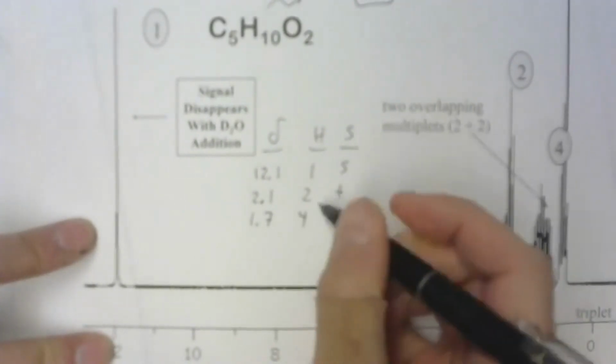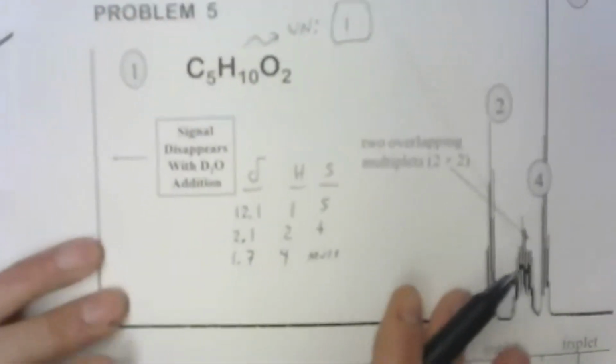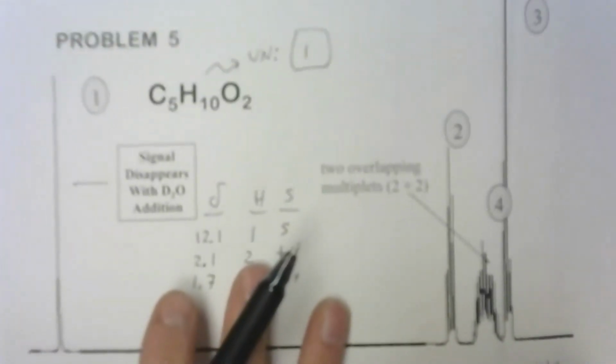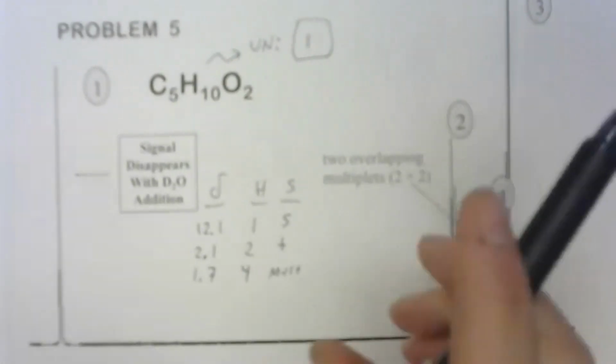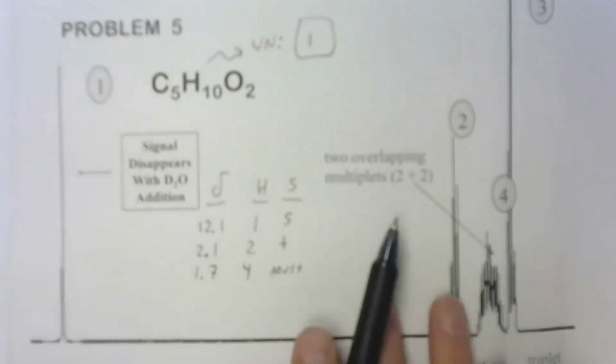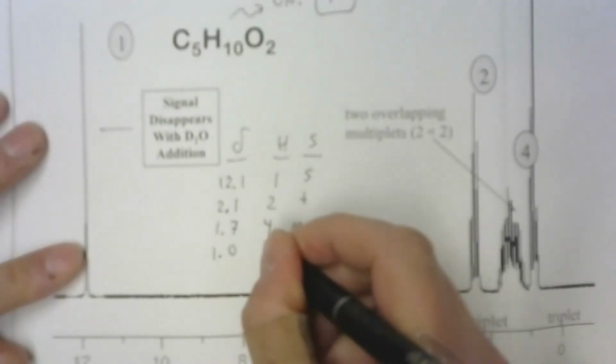How do we represent a scary mess? We say it's a mult. But at 1.0, we have 3 protons, and it is a triplet. Okay, there's our table. That's a good start.